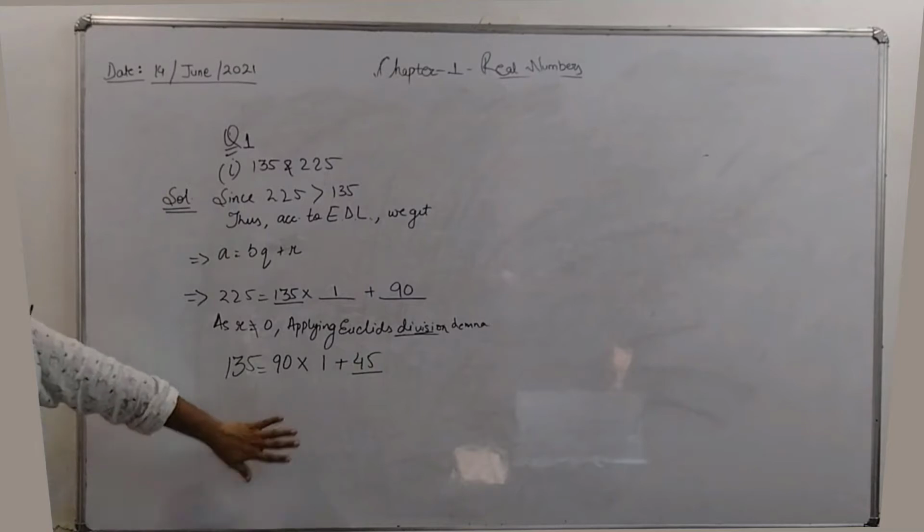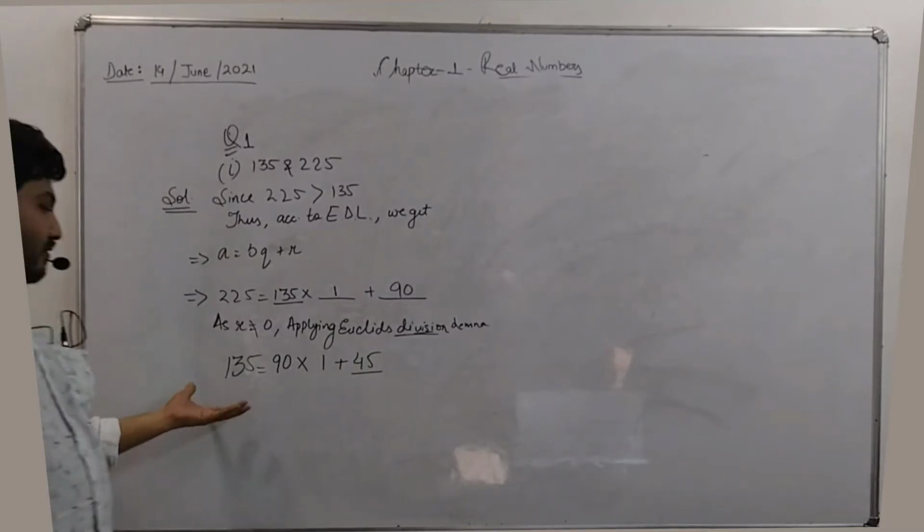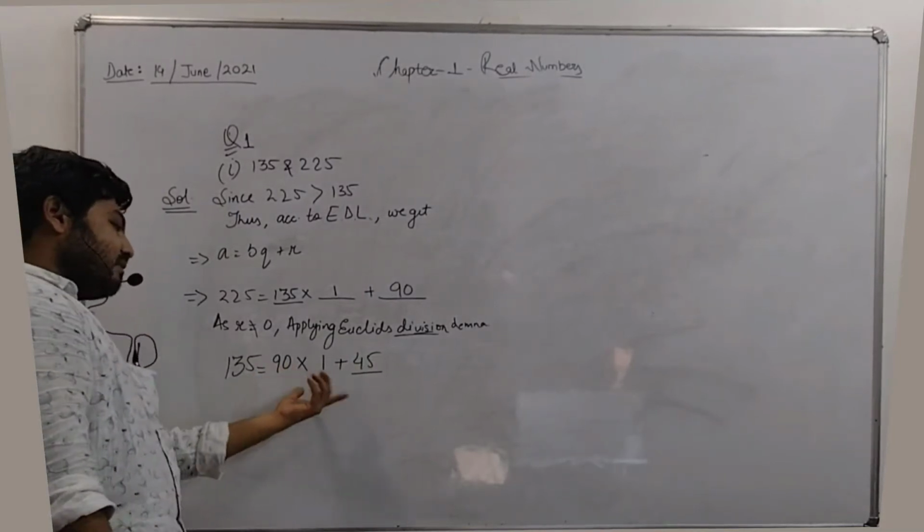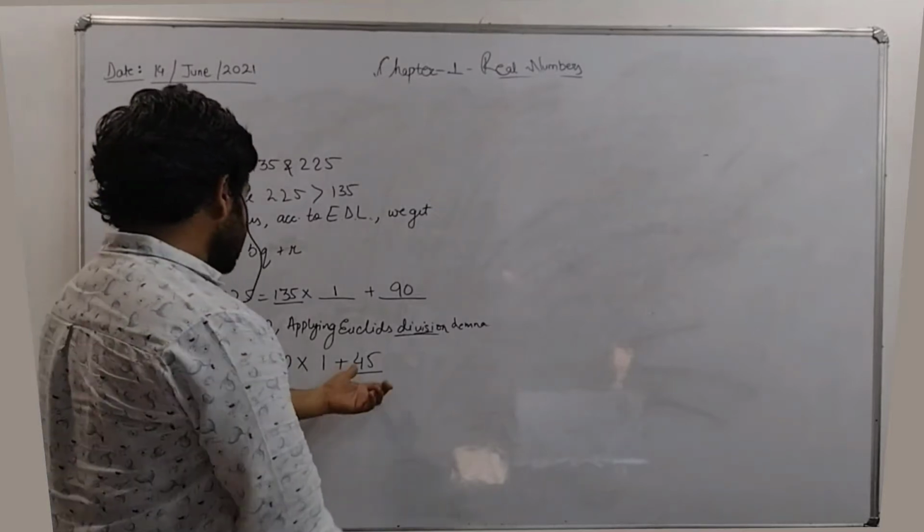You can check it: 90 into 1, and you just have to see how much remains from 135. So simple, 135 minus 90 is 45.